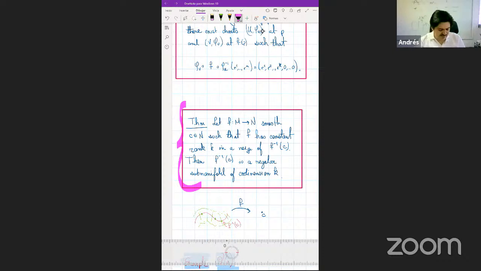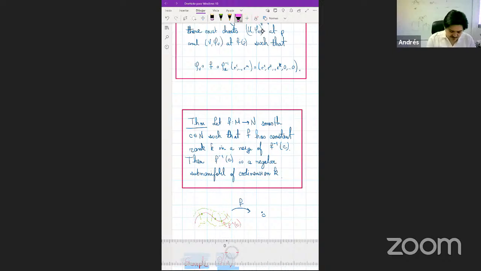So this is what this theorem is stating. I care that you are able to use it. The proof of this will come next time.